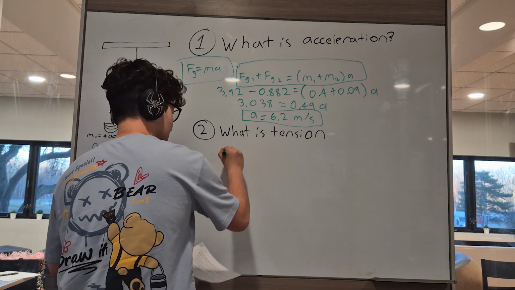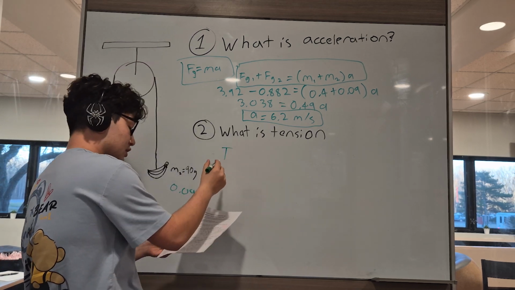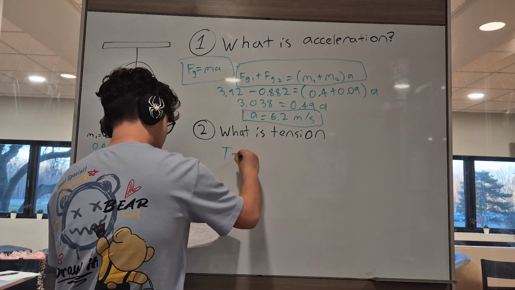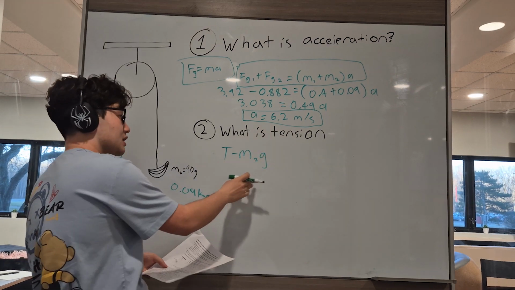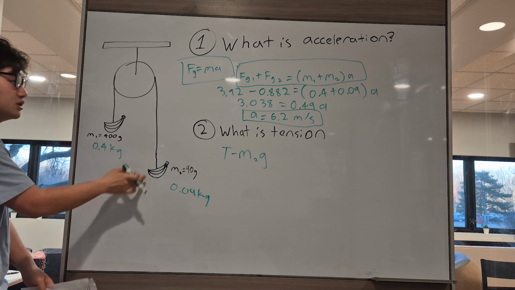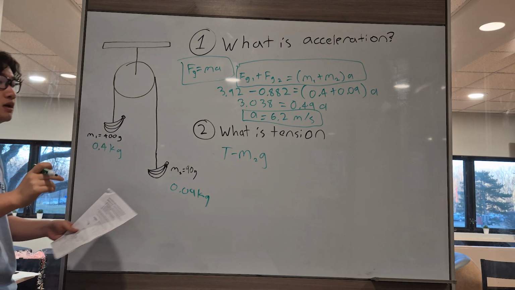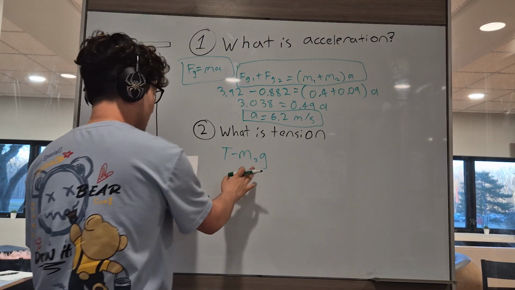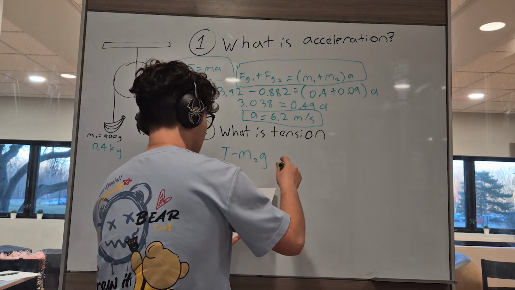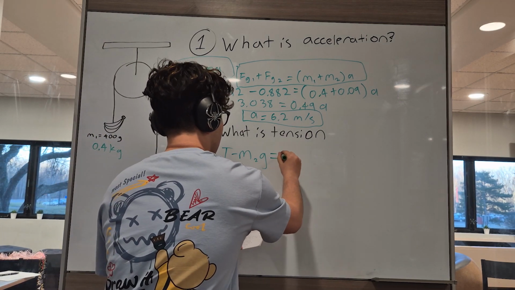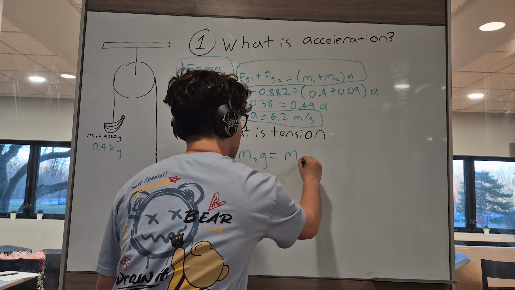According to Newton's second law, tension minus mass times gravity, in this case we'll actually use M2 because tension is the same for both sides. So tension minus M2G is equal to M2A.